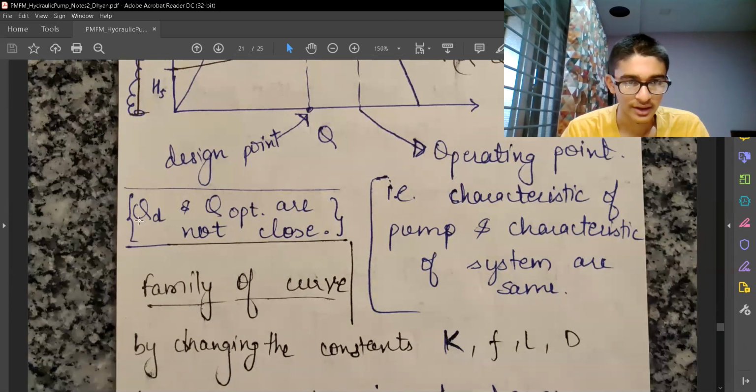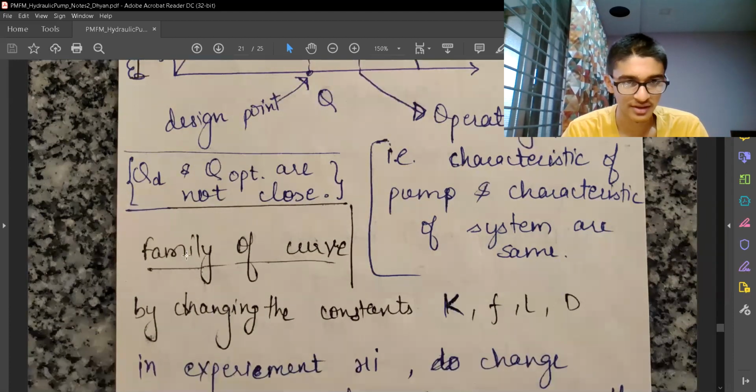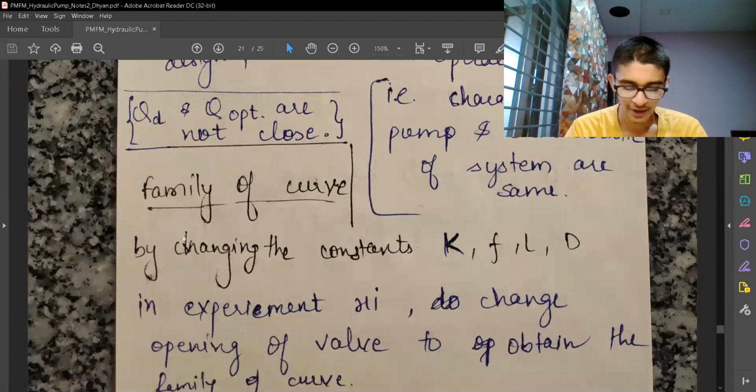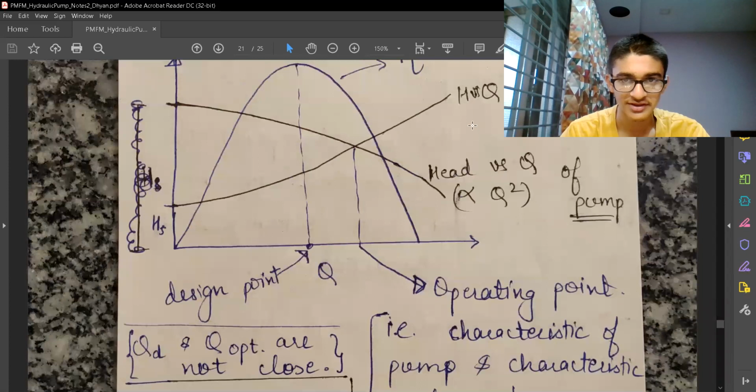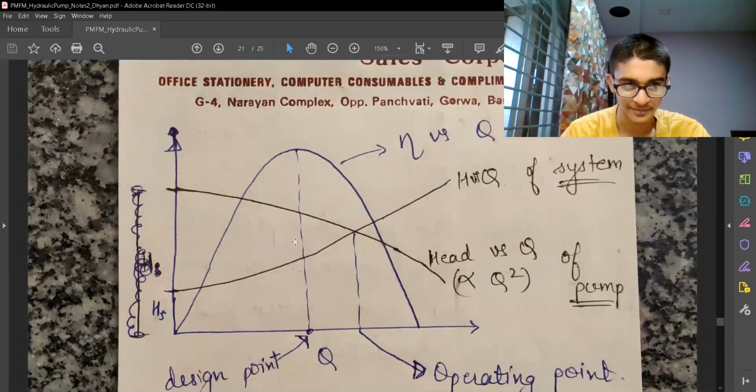So there are cases when QD, that is the design flow rate, and the operating flow rate are not close, but that is completely fine. And we can have a family of curves. So we can change the constants f, L, D, and K, and we can get multiple H versus Q curves for the system.